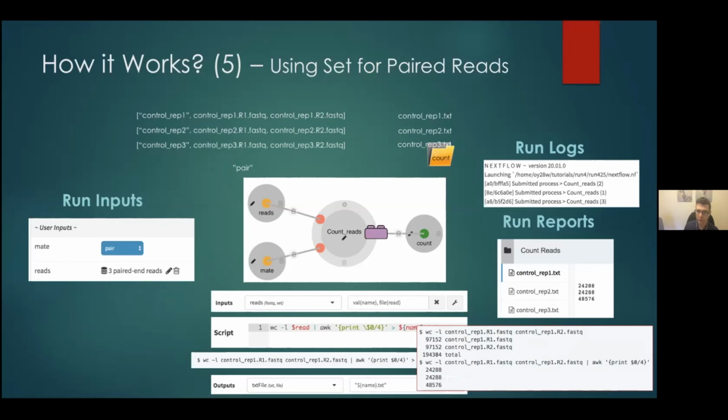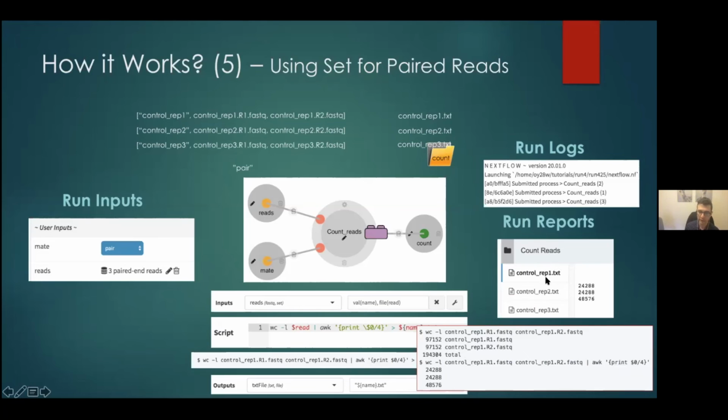But if you use multiple files like this, at the end, wc -l prints this total value. So actually, you don't want to see this total value in this report, right? You just want to see only the 2 reads report.